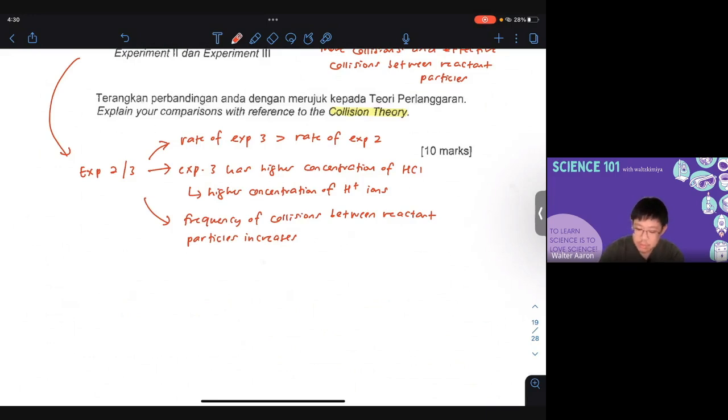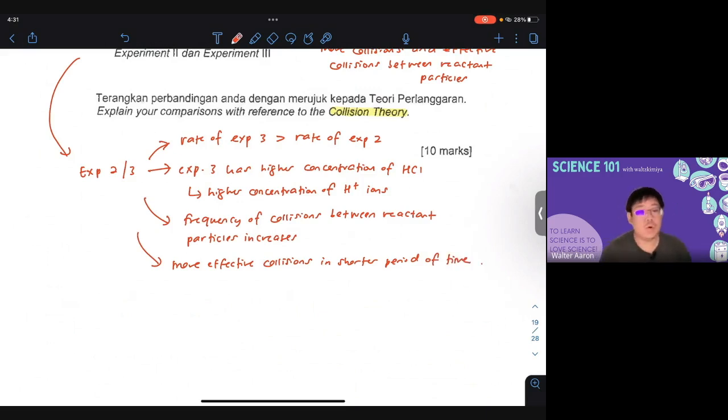So then you have to say more effective collisions in shorter period of time. And then you'll be able to get full marks there as well.